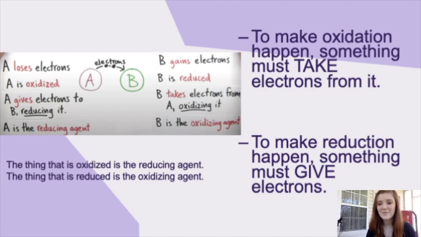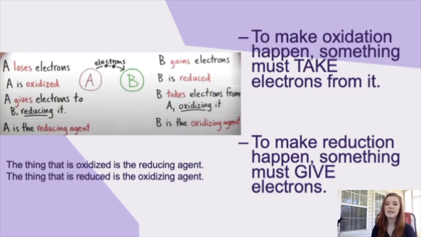Look at the picture and focus on the circles A and B. Those represent two different atoms, and A is losing an electron and giving it to atom B. Atom B is gaining an electron. So atom A is being oxidized, and atom B is being reduced.